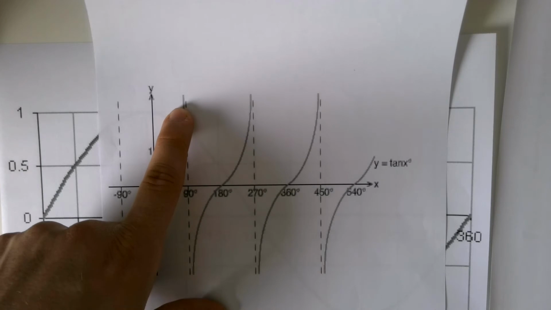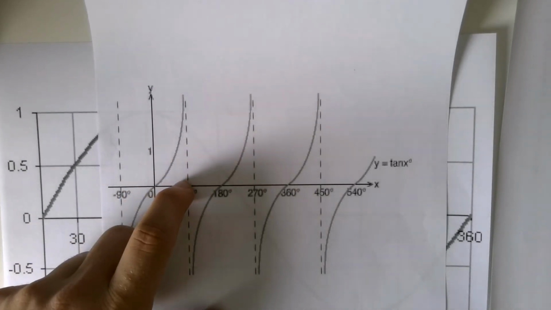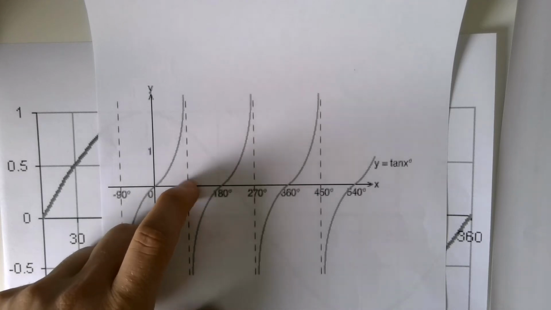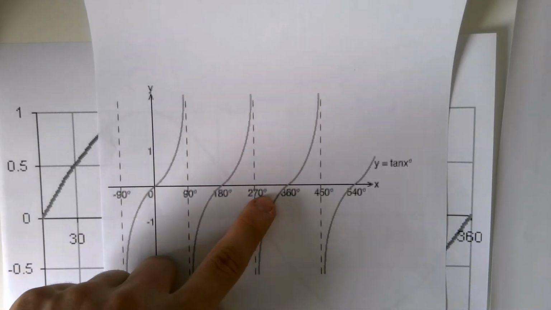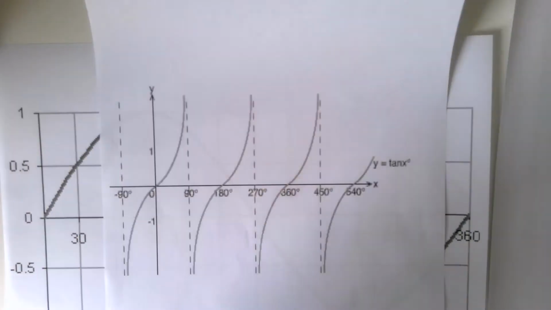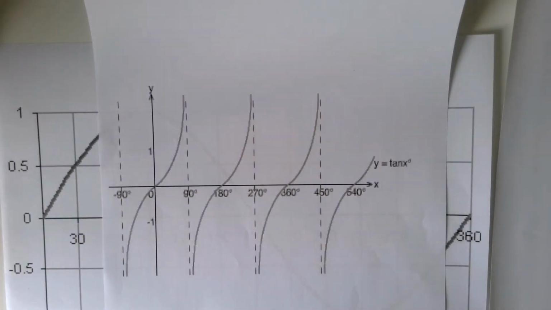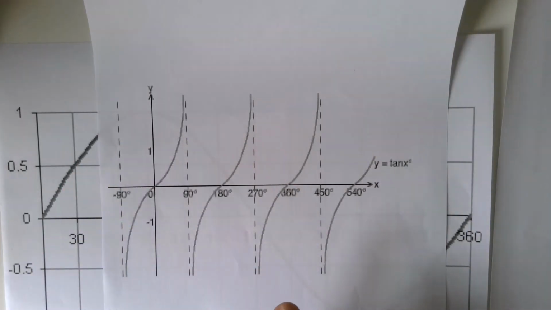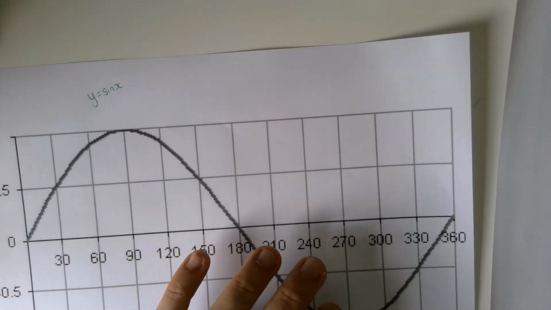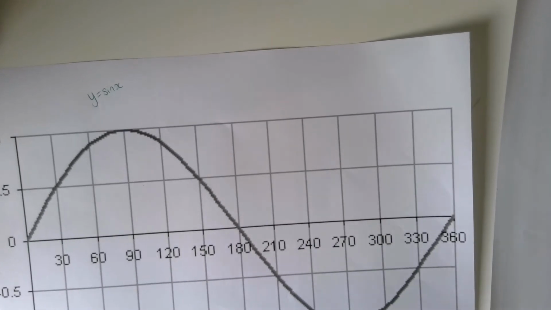It actually becomes infinitely large. It will never actually have a defined value at 90. Tan 90 isn't defined, it's just so big. Tan 270 isn't defined. So it's still exactly the same thing, it just looks a little different. It's really important to at least recognise the shape, recognise that this is different to cos x and sine x.